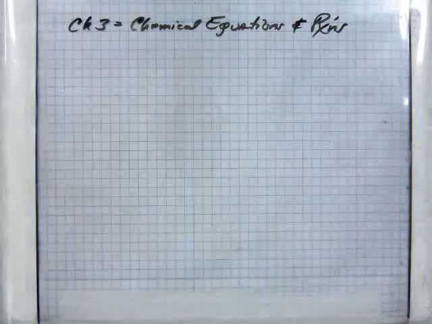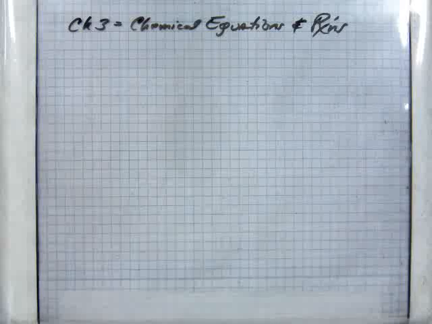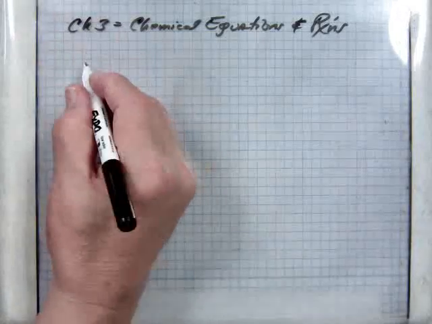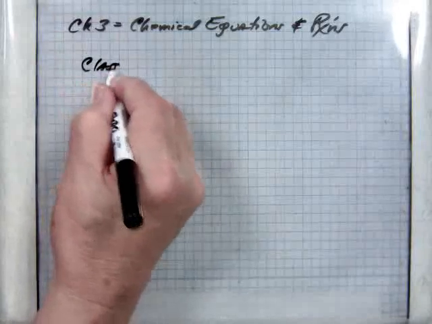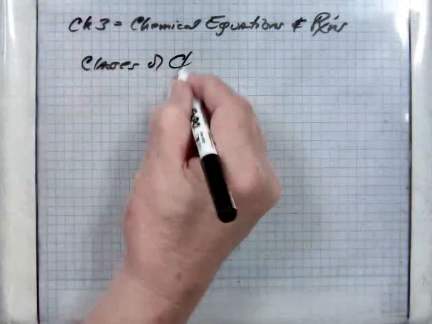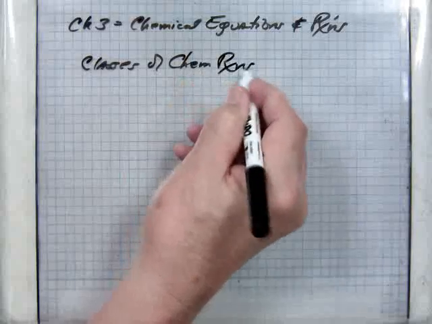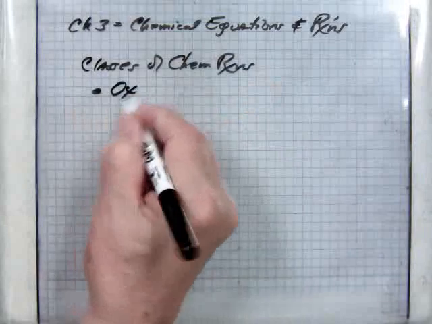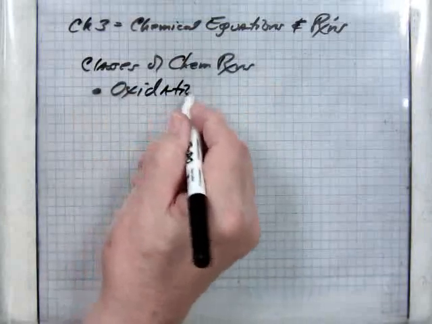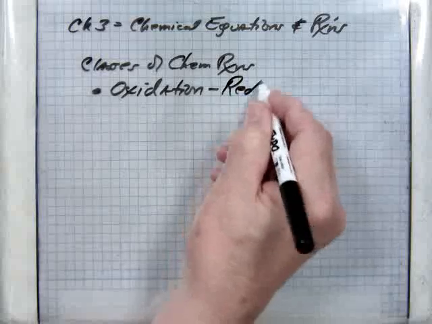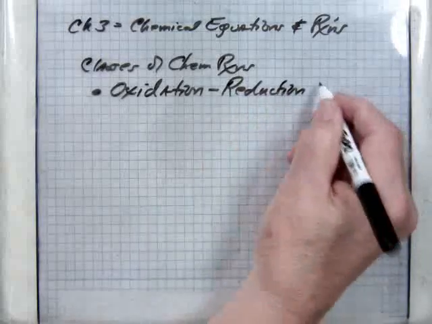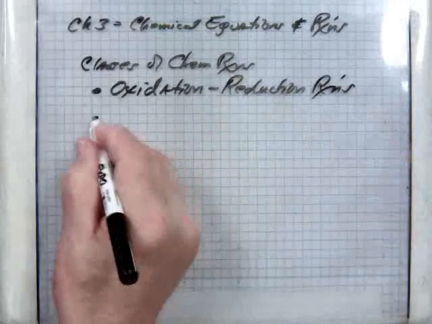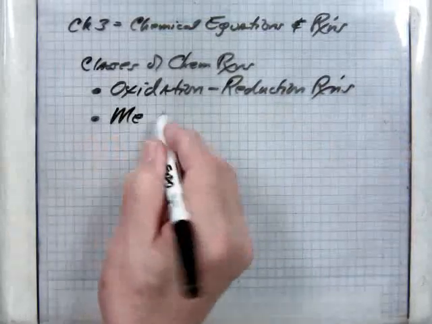In the world of chemistry, chemical reactions are classified based on the course you take in some cases. For the most part, there are really just two classifications of chemical reaction: oxidation reduction and metathesis reactions.